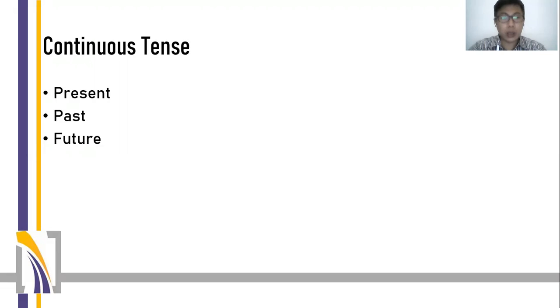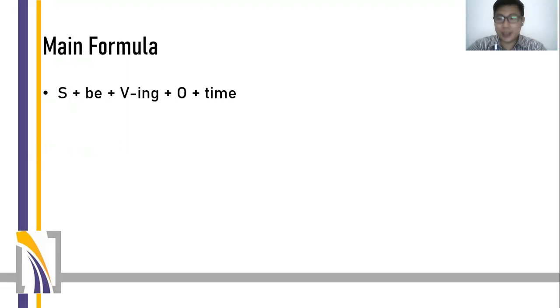First, we go to the main formula. All of the continuous tense has the same formula. You only change it little by little, but the main formula stays like this. You need the subject, you need the be, which is is, am, are, was, were, and been.